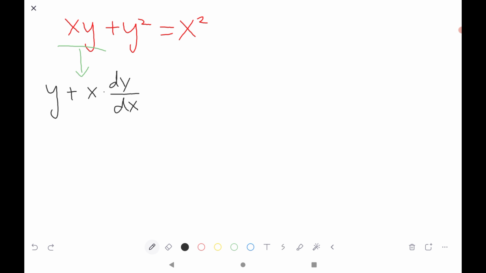Now let's differentiate the second term. The derivative of y squared is 2y times dy dx. Again, we have to multiply by dy dx because we are differentiating y squared, which involves y.